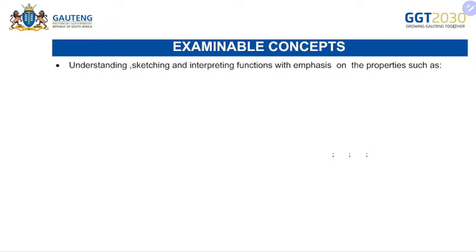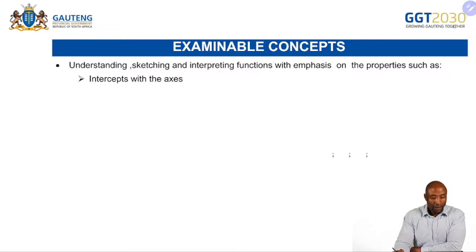Now, we need to understand and sketch functions, focusing mainly on the understanding of the basic function. We should look at our intercepts with the axis. How do we get our intercepts?